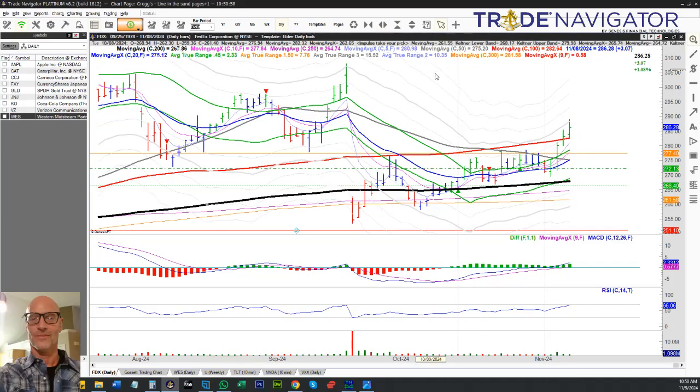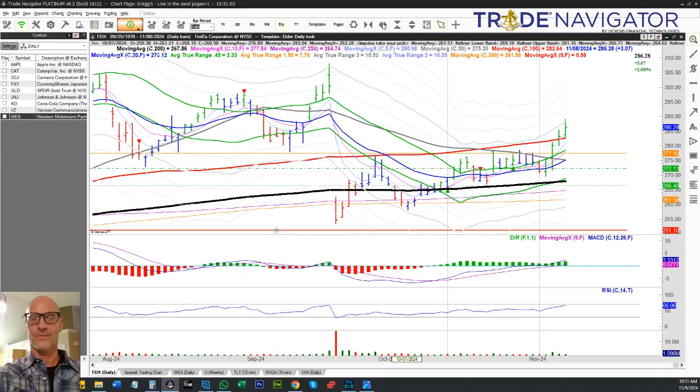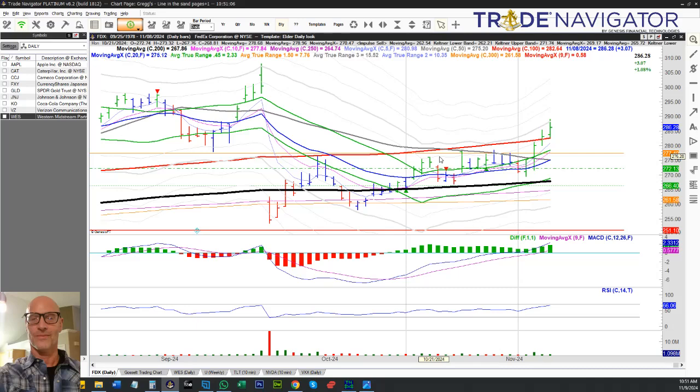So I did get long FedEx back here on the 15th of October. Why? Well, first of all, let's talk about the strategy. The strategy is what is called a deep dip buy. A deep dip buy involves the 200-day moving average, the 250-day moving average, the 300-day moving average, and/or the 30 RSI.